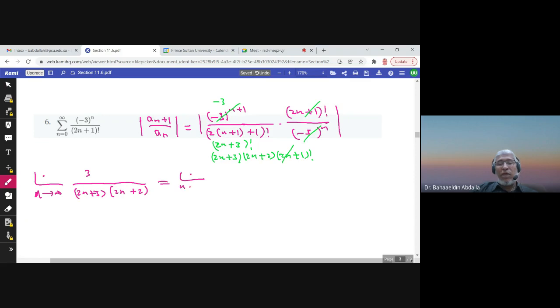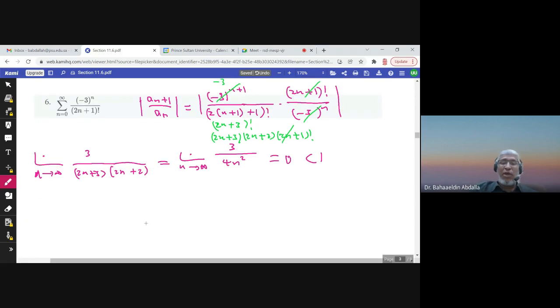And we take the highest power when the limit, when n goes to infinity. So the term with the highest power would be 4n square. If I replace n by infinity, infinity square is infinity, 4 times infinity is infinity, 3 over infinity is 0, and 0 is less than 1. So summation a_n is absolutely convergent.